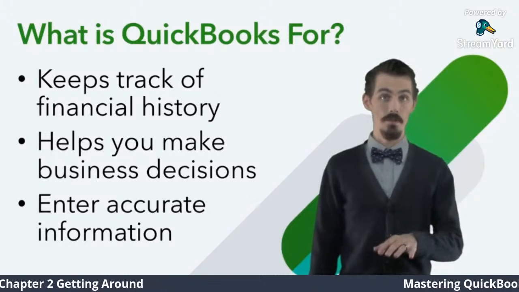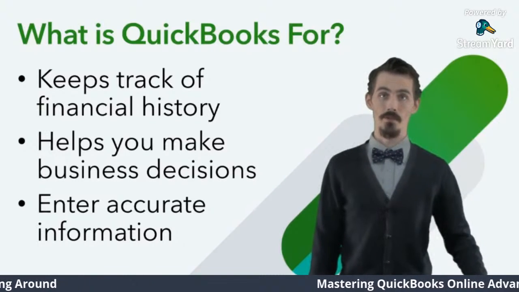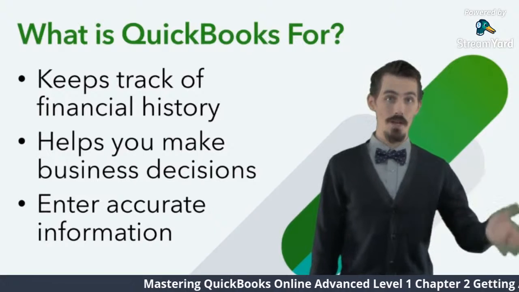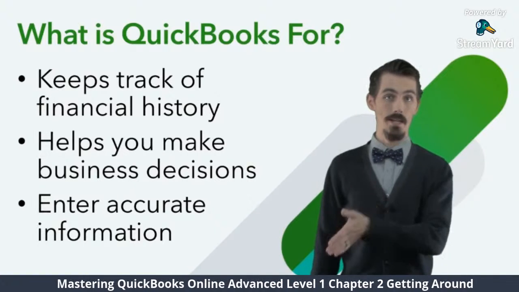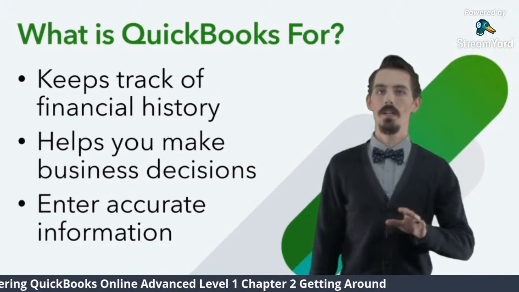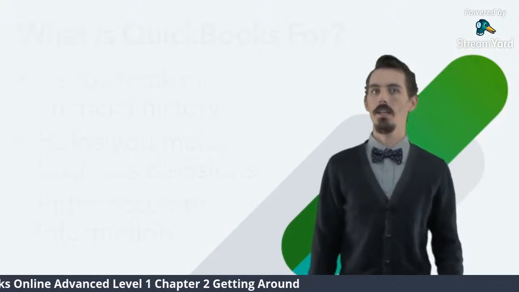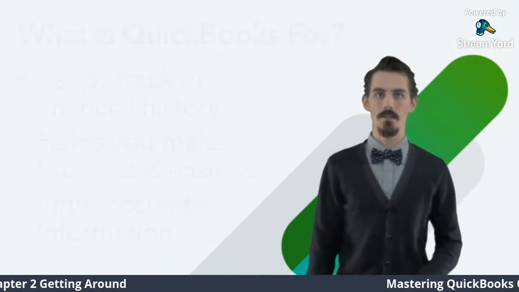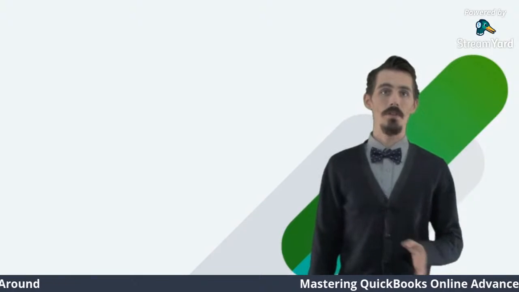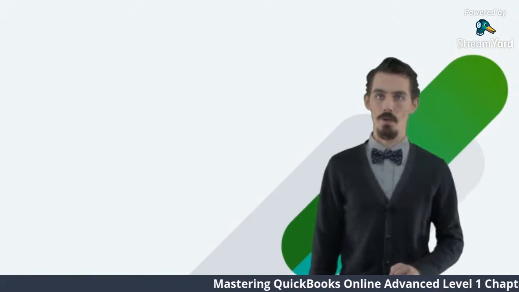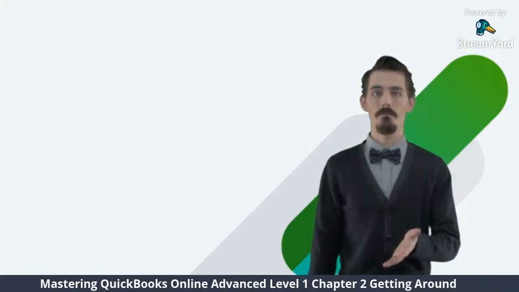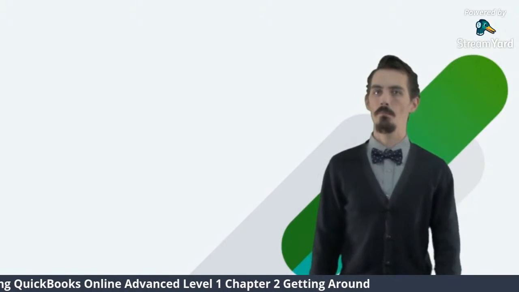If you enter limited or inaccurate transactions, then the information you get out of QuickBooks will be just as limited or inaccurate. You'll spend a lot of this class looking at and entering transactions. As you continue, keep in mind that transactions are the entire reason to use QuickBooks. If information isn't recorded on a transaction, you won't be able to find it on a report in the future.